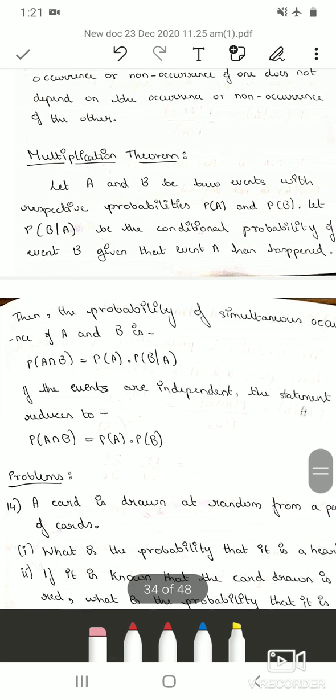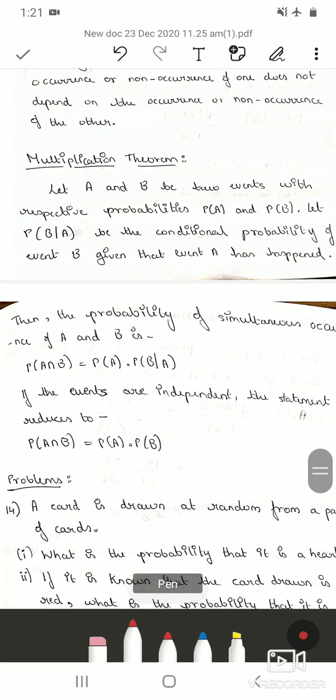So if they ask you about the multiplication theorem, then it is important to write this particular equation, that is probability of A intersection B is equal to probability of A into probability of B given A, because we know that event A has already happened.